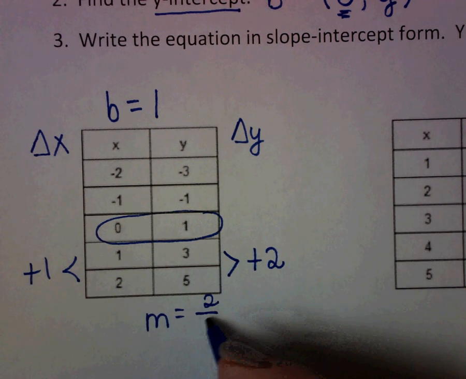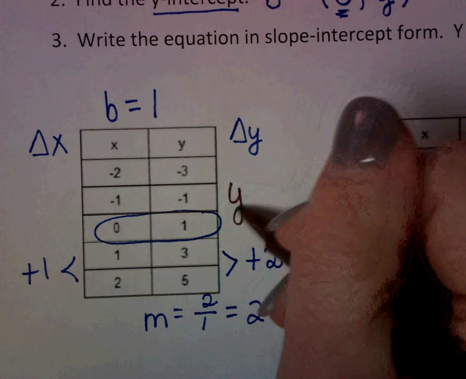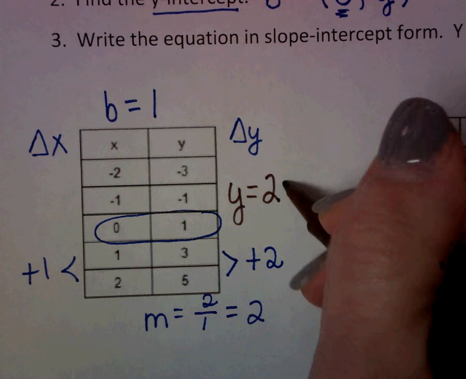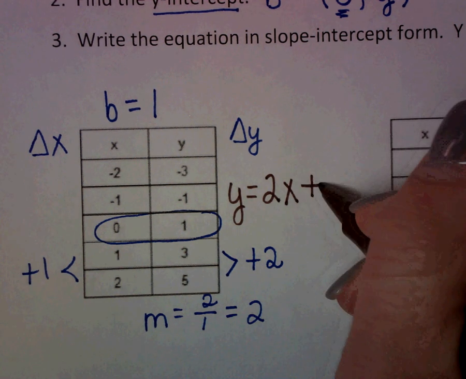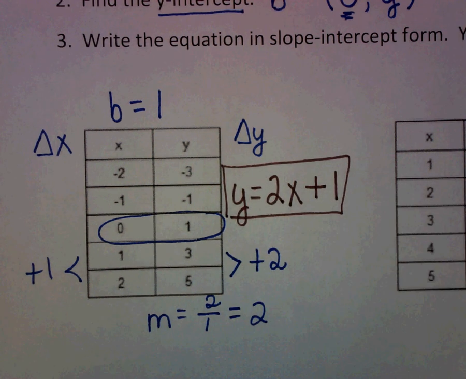So it'd be 2 over 1 or 2. Now that I have my slope and my y-intercept, then I can write the equation from this table. So it would be y equals mx plus b, so y equals 2x plus our y-intercept of 1. And there is the equation that is represented by this table.